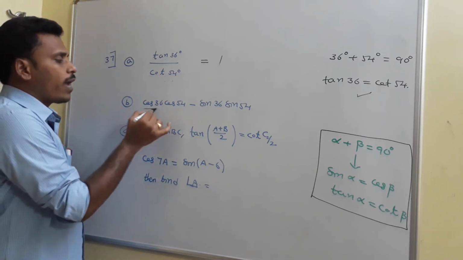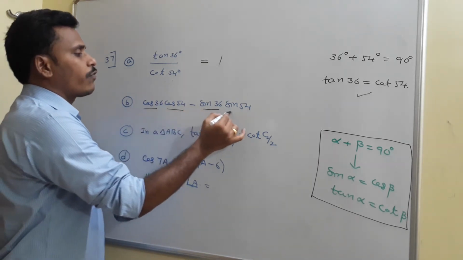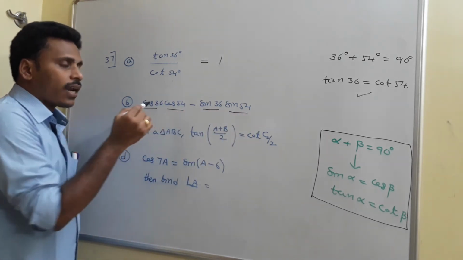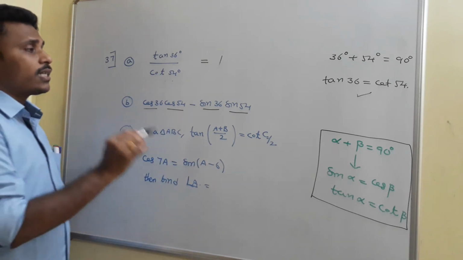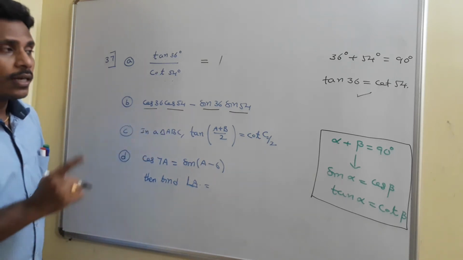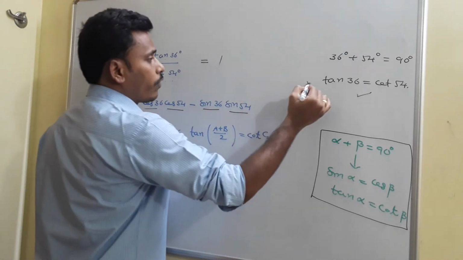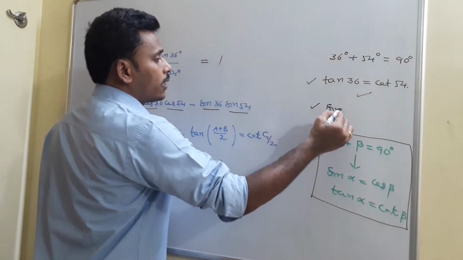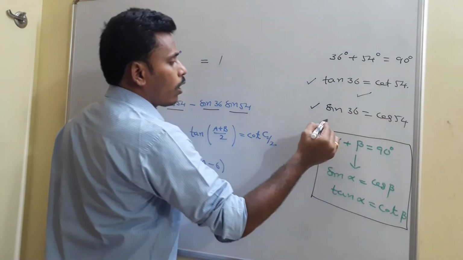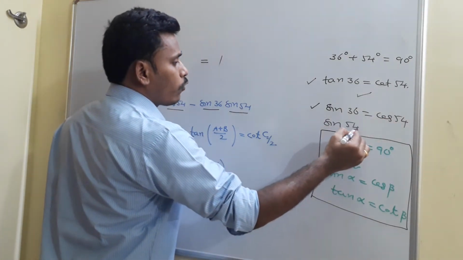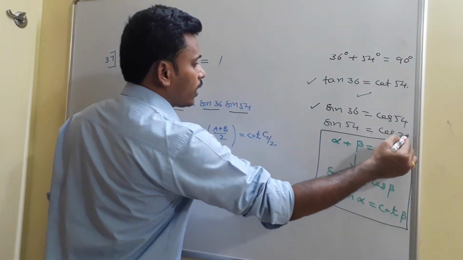Here also the involved angles are 36 and 54 only, whereas the trigonometric ratios are sin and cos. Since 36 plus 54 is 90, tan 36 is cot 54, and in a similar manner, sin 36 is equal to cos 54, whereas sin 54 is equal to cos 36.